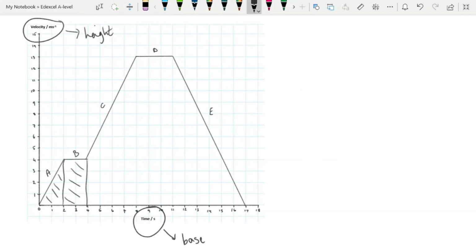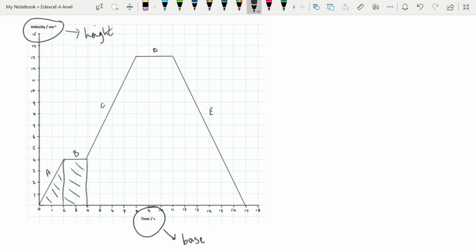So let's do some calculations to work out, if this is an object traveling A, B, C, D, and E, how far has that object traveled? Because this is a velocity-time graph and it doesn't pass through the x-axis, all of this displacement will be in the same direction.